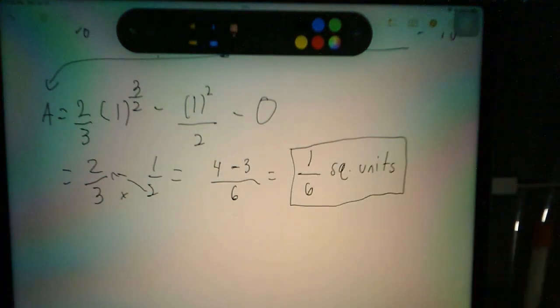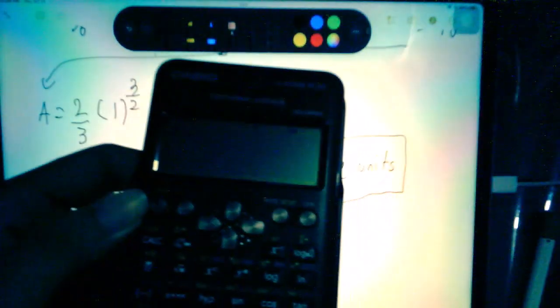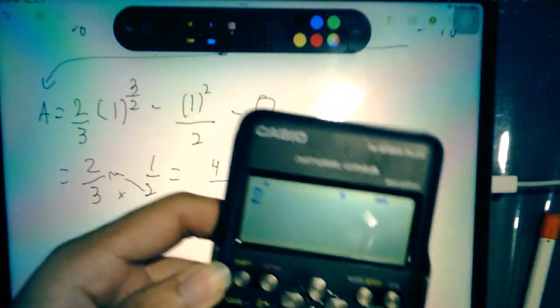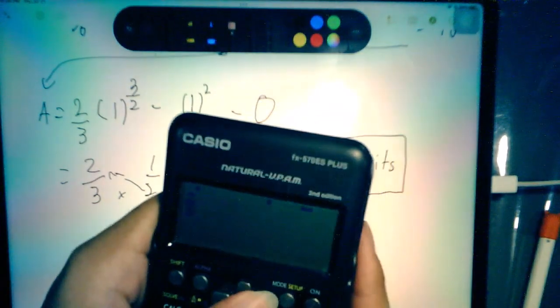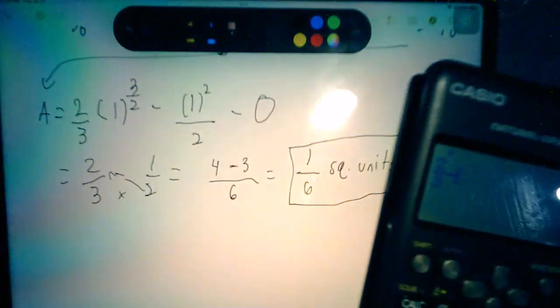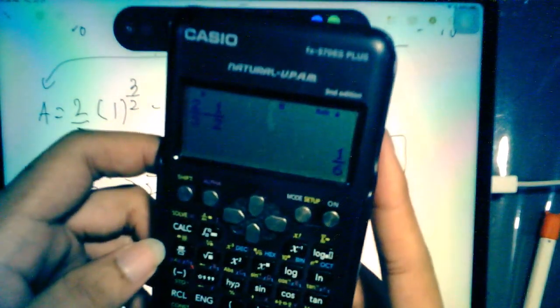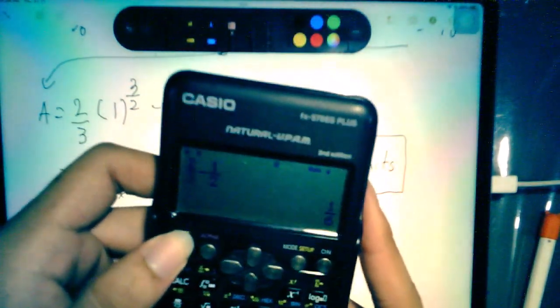Let me check my calculator to confirm it. So 2/3 minus 1/2 is equals to 1 over 6. So we're right.